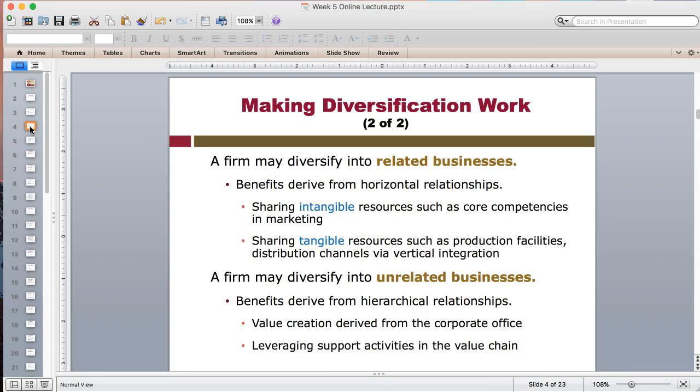And this is where the company that you're buying may be in a totally different business, have a totally different approach, but you have resources that you can bring to bear. Some of you in developing your metrics rightly looked at corporate level metrics, and sometimes if your corporate level metrics are excellent, then that's an indication that diversifying into unrelated businesses may be appropriate.